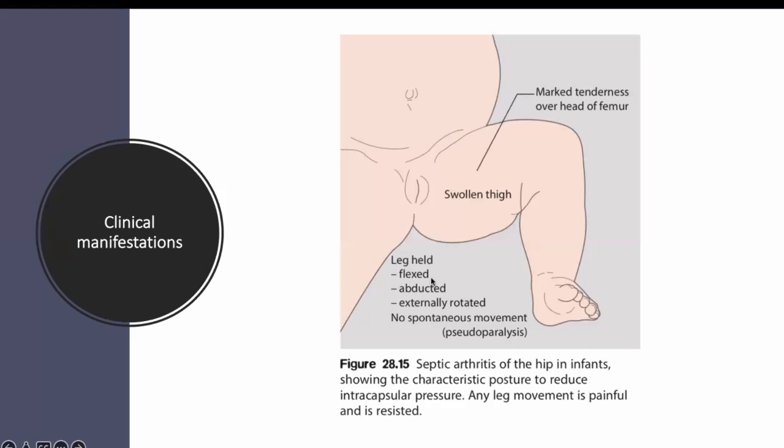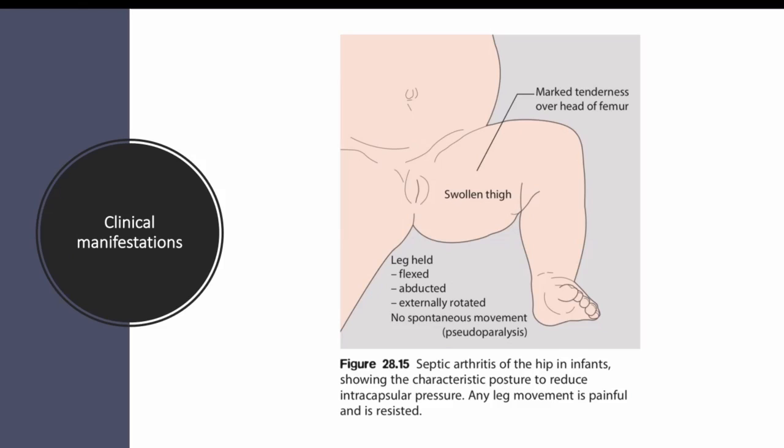So in the clinical manifestation of septic arthritis, the most common site is the hip. Sometimes in pediatrics it's difficult because it's a fatty area, so it's difficult to elicit all the signs of septic arthritis. But the commonest sign, if the patient has a hip infection, they will hold the leg in a flexed, abducted, and externally rotated position.